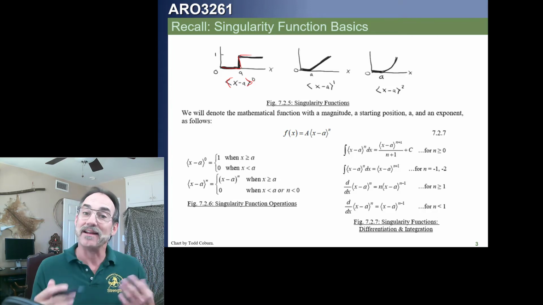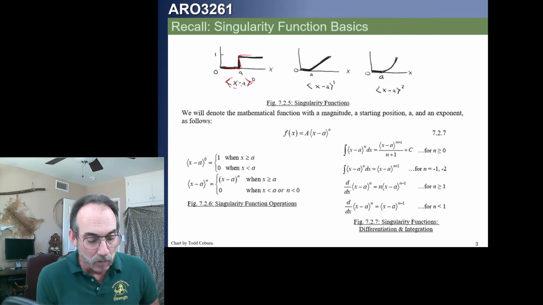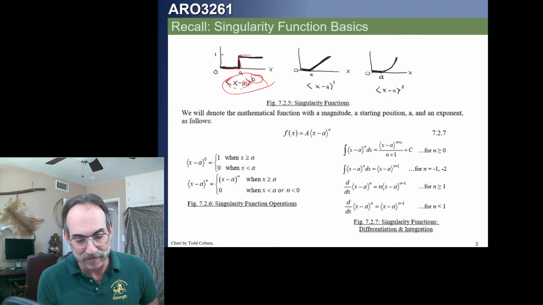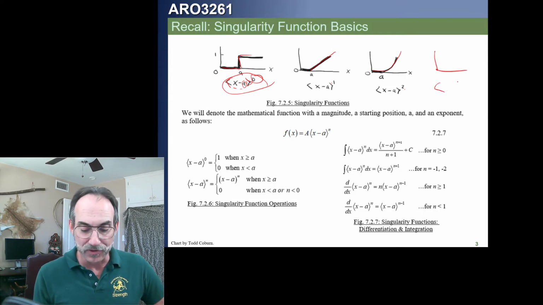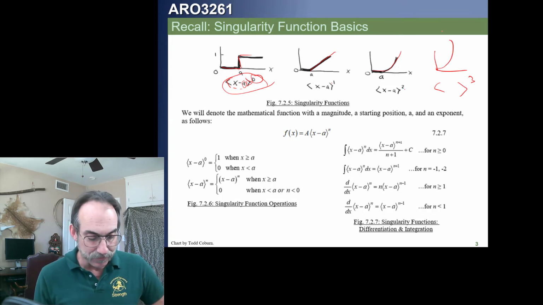That identifies this as a singularity function, where we have x minus whatever the position is where it starts, and then some exponent. This would be a 0 exponent, springing from nothing to something. This would be a 1 exponent, which is a gradient, and a 2 exponent, which is second order, and so on. A third exponent would look similar to this. It's just going to increase faster.